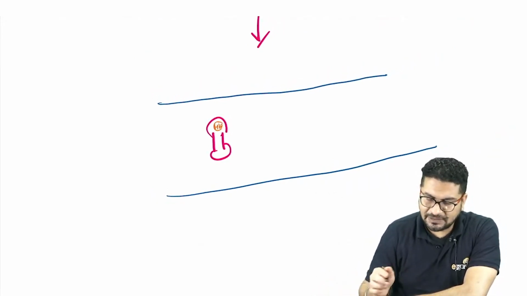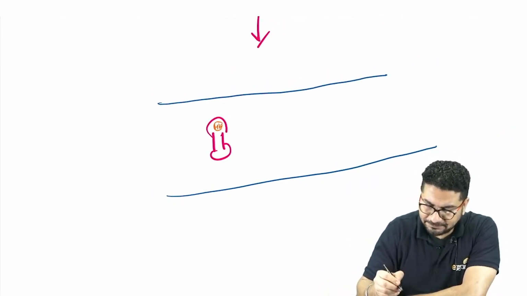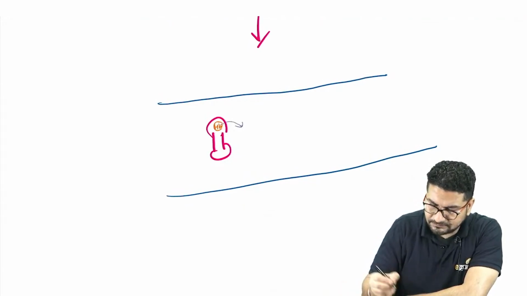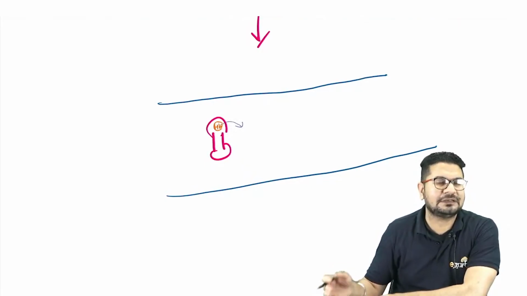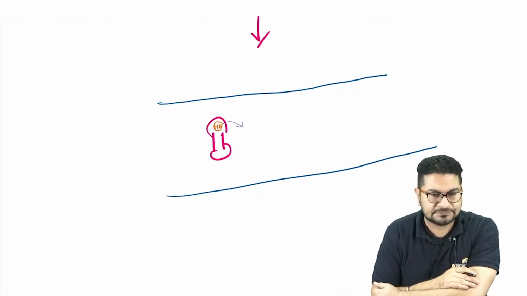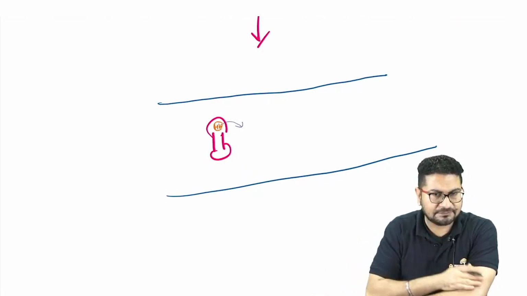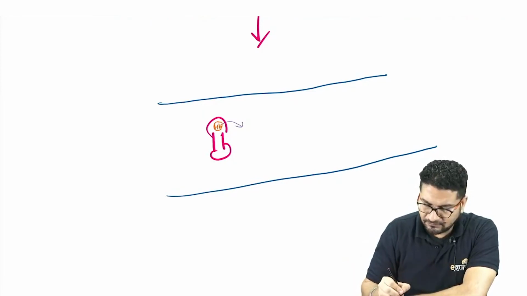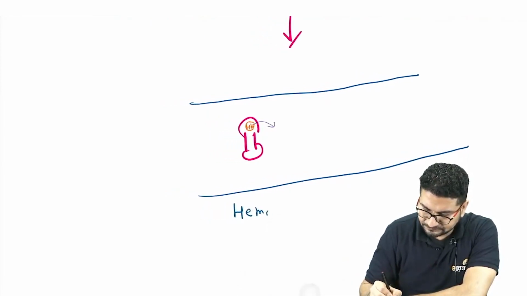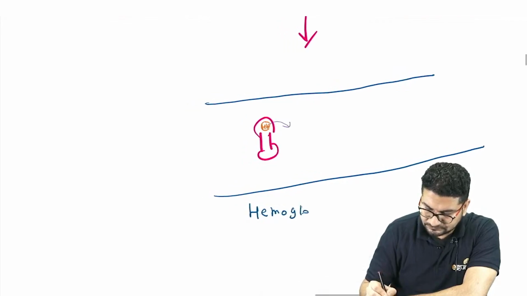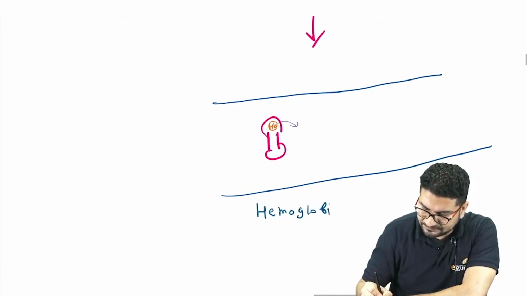When RBCs are dying, this pigment will come out. Hemoglobin will come into the blood. What do we call this? We call this hemoglobinemia.